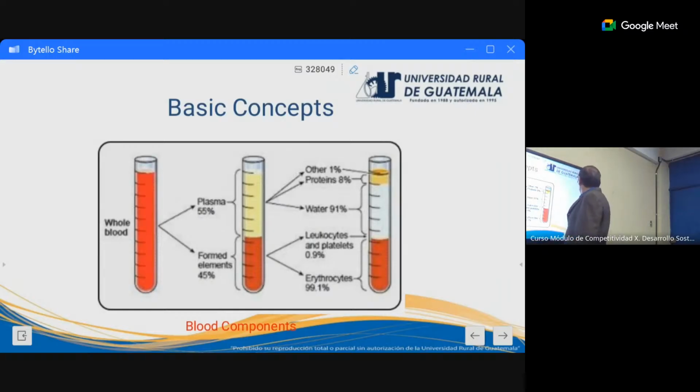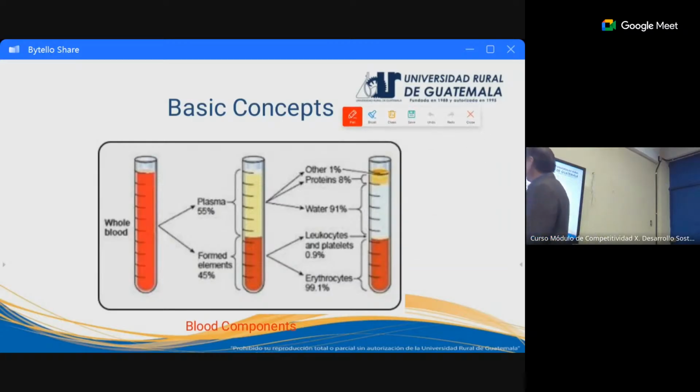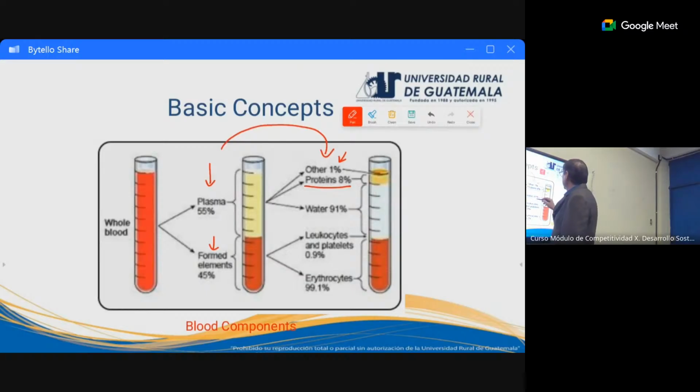So we can see that blood is a mixture of different components like plasma, like these another elements here, and then we can divide these components like here plasma in other components like 1% or proteins 8%, water 91%, and the other division here is leukocytes here and platelets with 0.9% or erythrocytes with 99.1%.